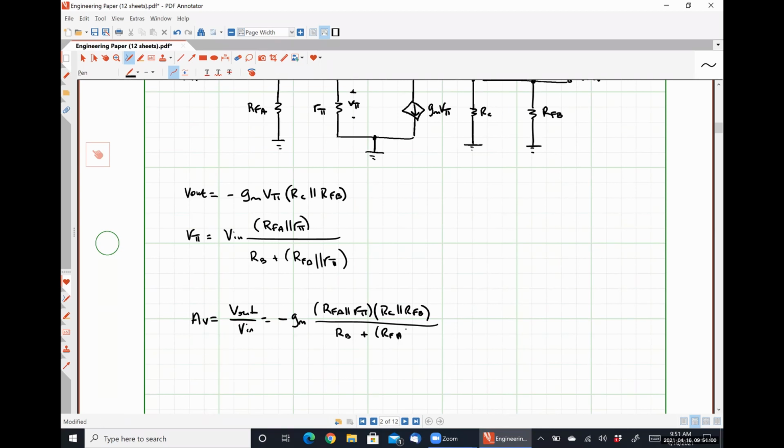Sorry, I couldn't read my writing. Divided by r_pi. Let me erase this, or excuse me, in parallel with r_pi. And boom, we have analyzed a circuit in two steps that would have been extraordinarily difficult to do otherwise.